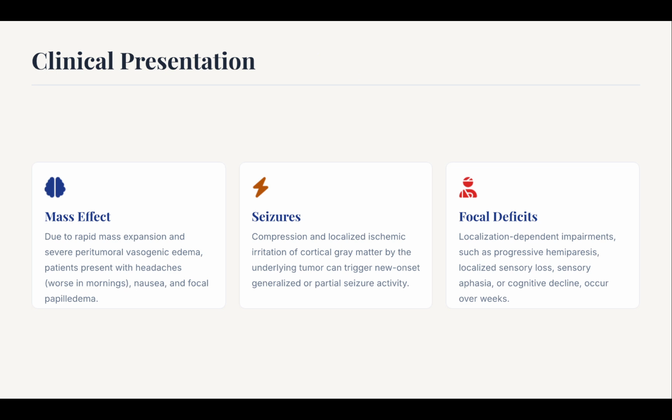Next, let's see the clinical presentation of glioblastoma. Clinical presentation is noted as mass effect, seizures, and focal deficits. Due to rapid mass expansion and severe peritumoral vasogenic edema, patients present with headache, which usually worsens in the morning, nausea, and papilledema.